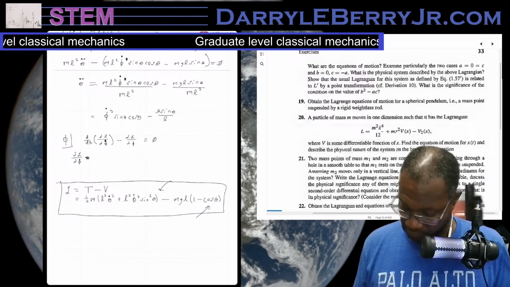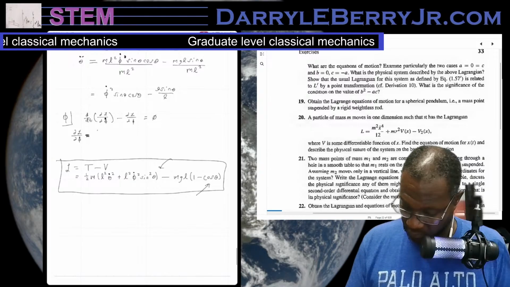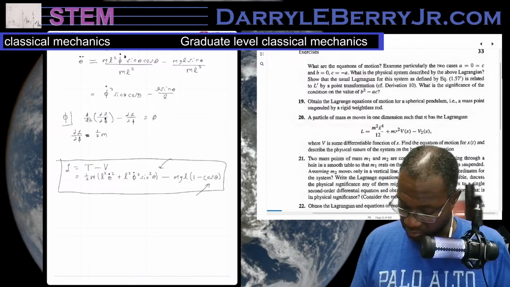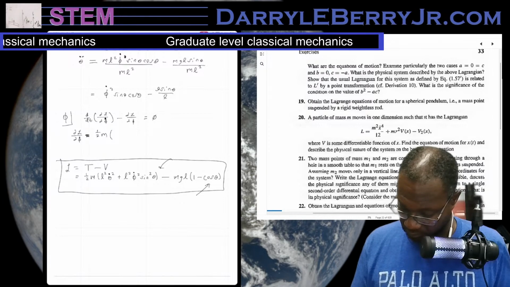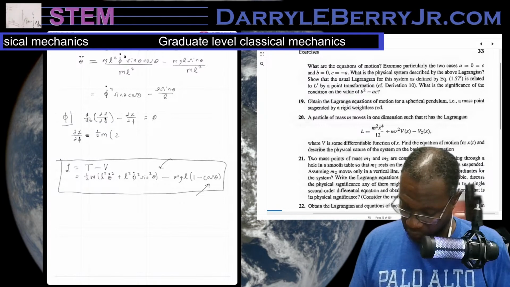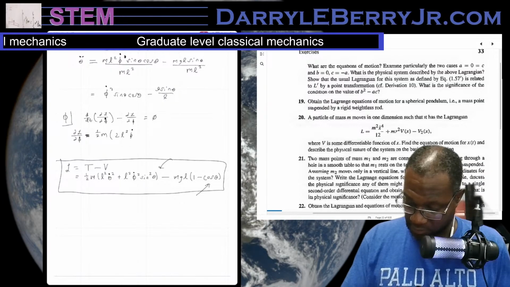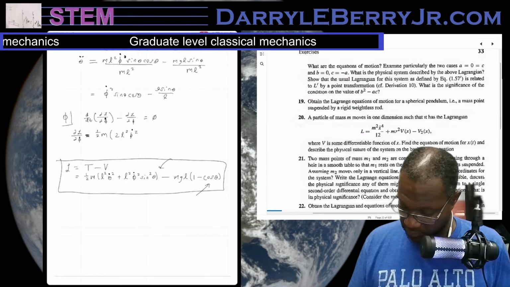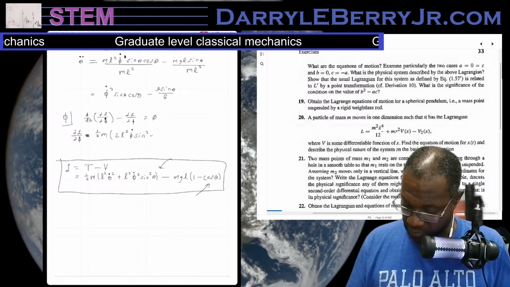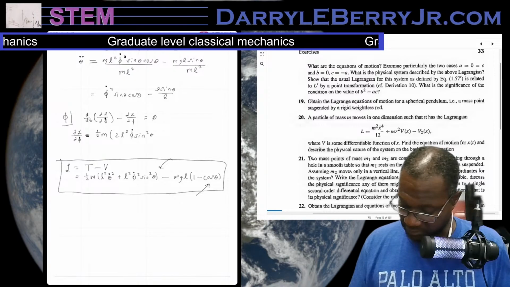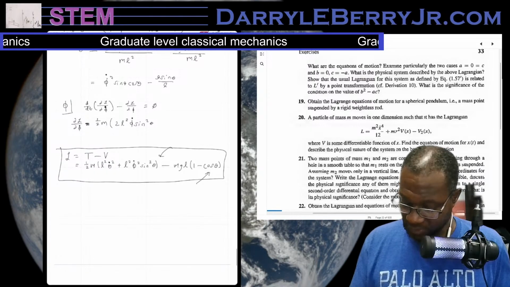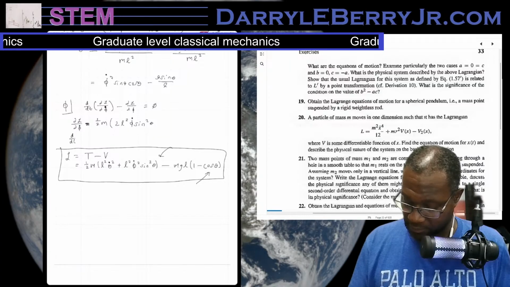So we have 1 half m L squared phi dot squared sine squared theta. I'm taking the derivative of phi dot, d dt of that.